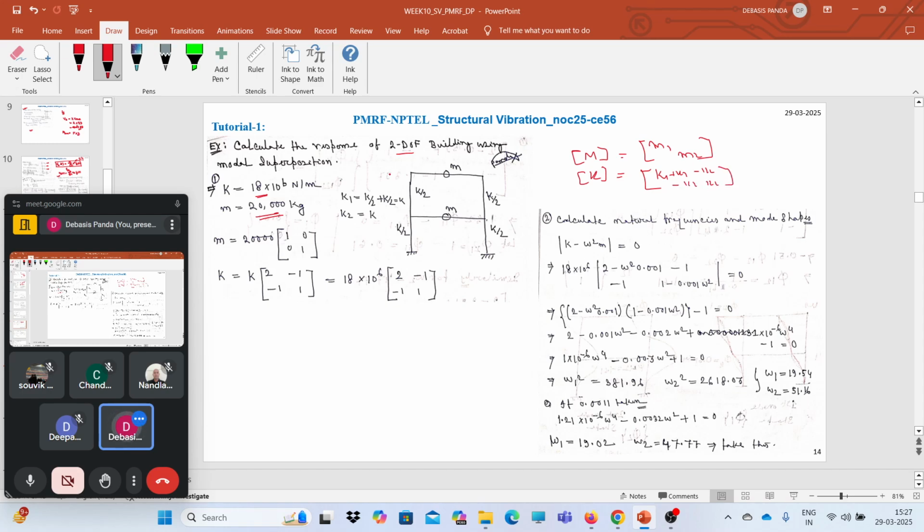So k1 plus k2, and already we have formulated this here. So the m matrix looks like this, and the k matrix looks like this. Now once we have the mass matrix and the stiffness matrix, what is the next step? We need to do the eigen analysis.